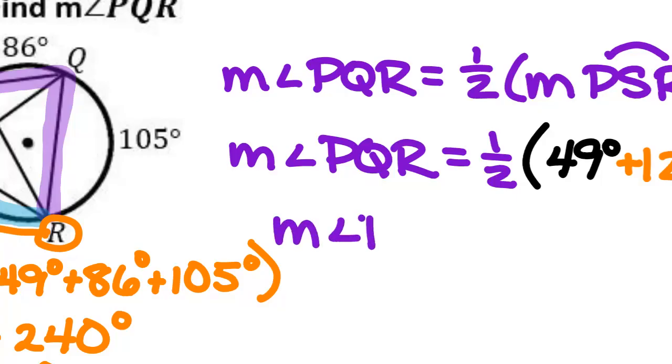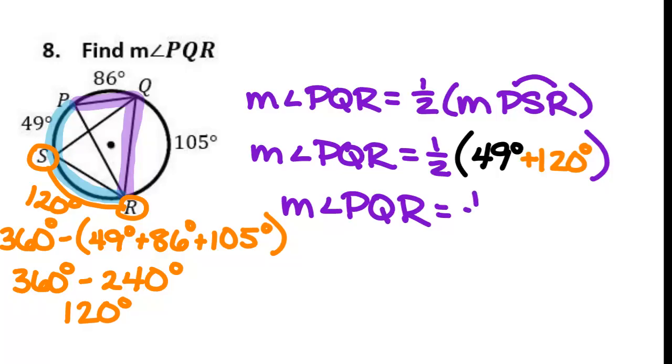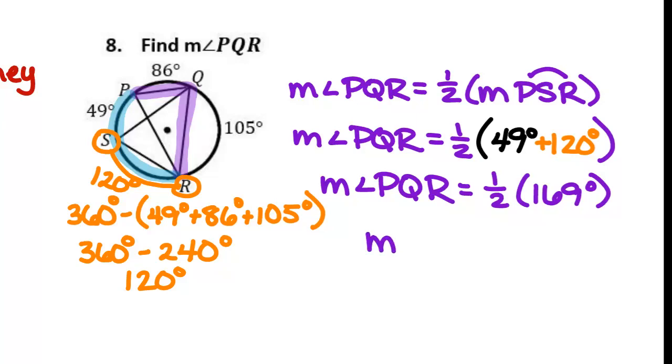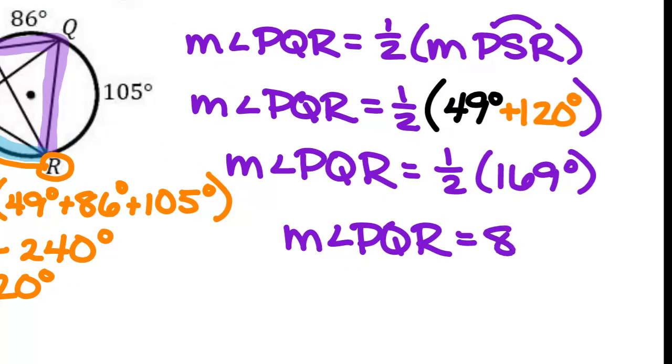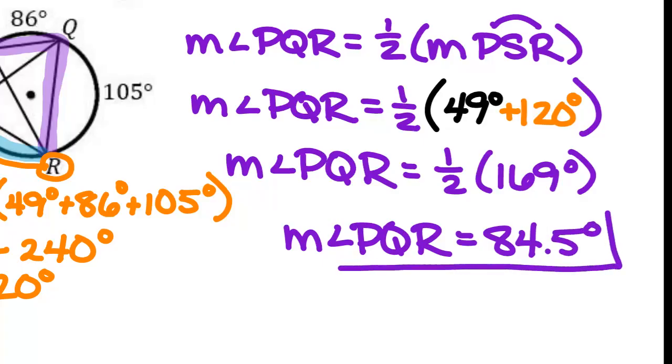So the measurement of angle PQR is half of 169 degrees. What is half of 169? 84.5, thank you. 84.5 degrees.